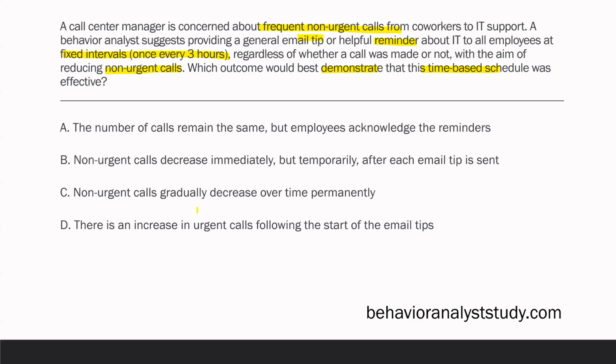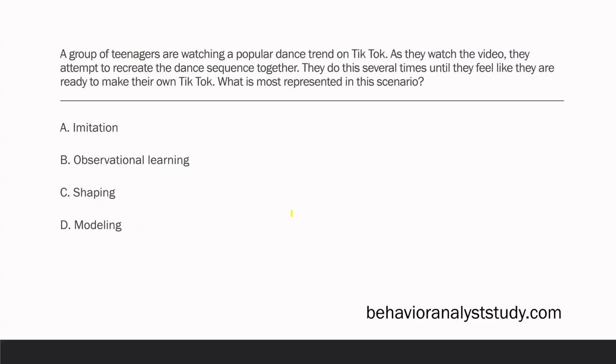But if we're looking at another choice where they have now decreased permanently, that's going to be better than B. And then D, there is an increase in urgent calls following the start of the email tips. Well, of course, we don't want to see an increase in those calls. We want to see a decrease in the non-urgent calls, and it's going to be best if it's permanent.